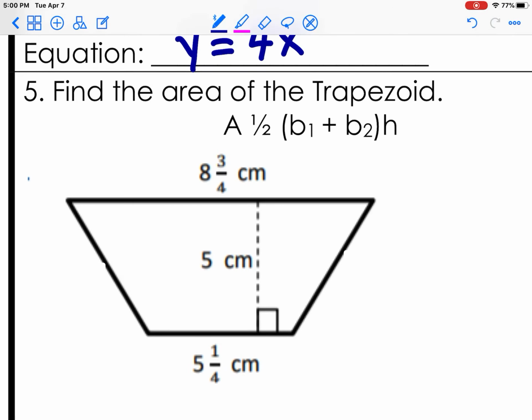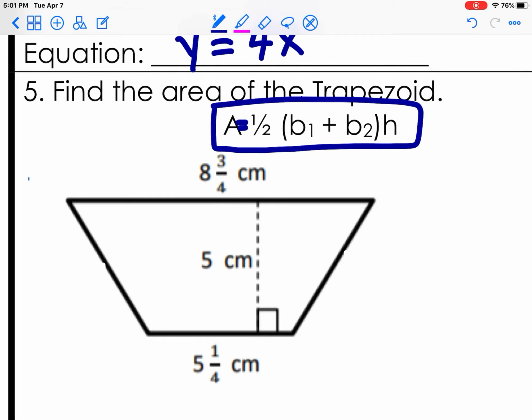Number 5 is a trapezoid question. Hopefully you've already watched the trapezoid video about this, and you know that this is the formula for the area of a trapezoid. A equals 1/2 times b1 plus b2 times h. b1 would be your top or your bottom base. b2 would be the other base.